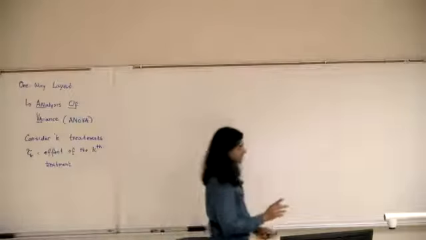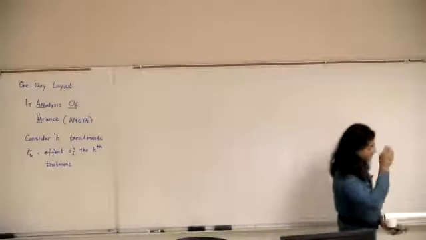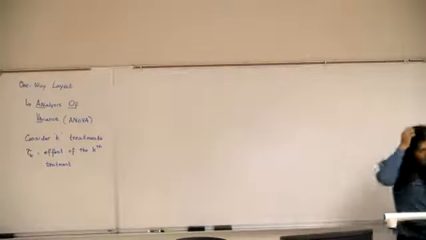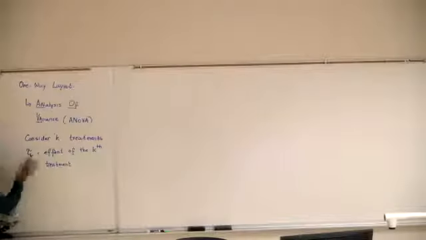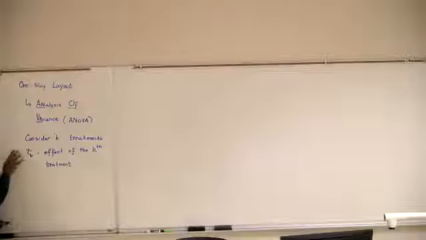By treatment, I don't necessarily mean a drug. It could be anything. It could be grade, it could be money of some sort. Doesn't matter. Some attribute. So let's say tau, tau sub K. Tau, Greek.